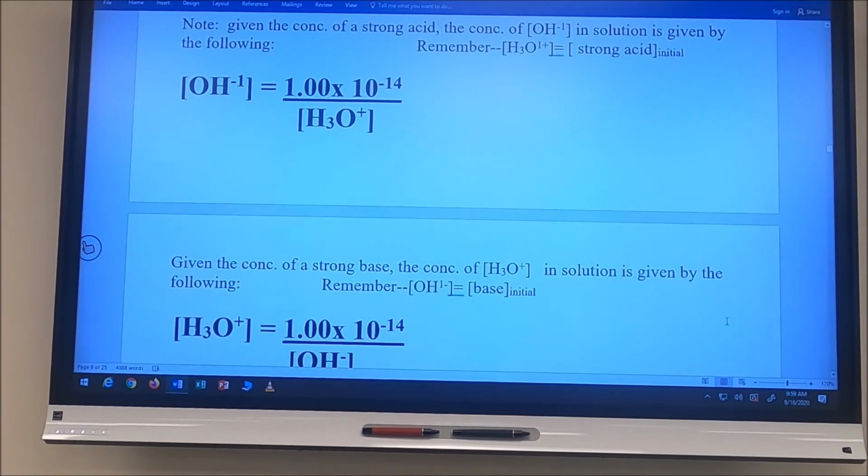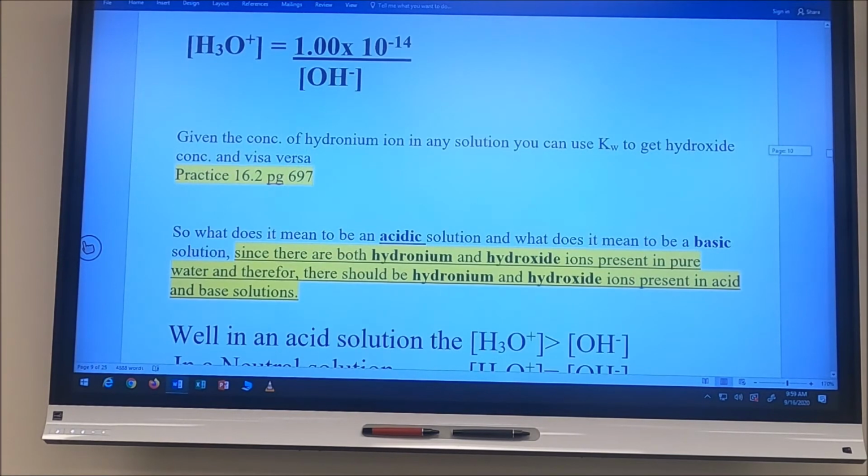Given a strong base, and we want to find the concentration of hydronium ions, hydronium ion concentration is equal to 1 times 10 to the minus 14 over hydroxide ion concentration, where the hydroxide ion concentration equals the concentration of the strong base to begin with. Okay? So you can look at practice problem 16.2 on page 697 in your book to get some more practice.